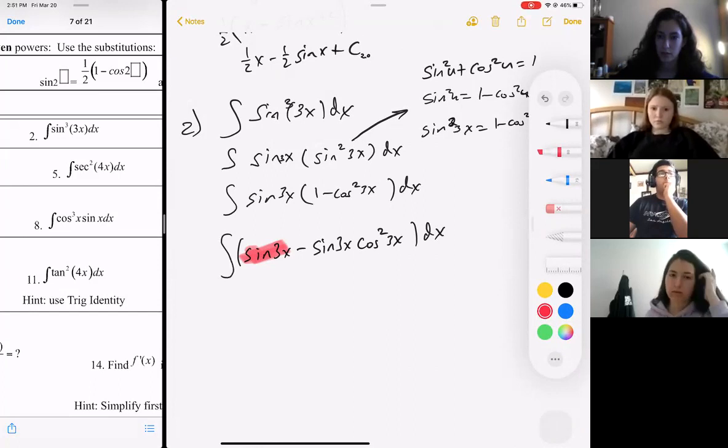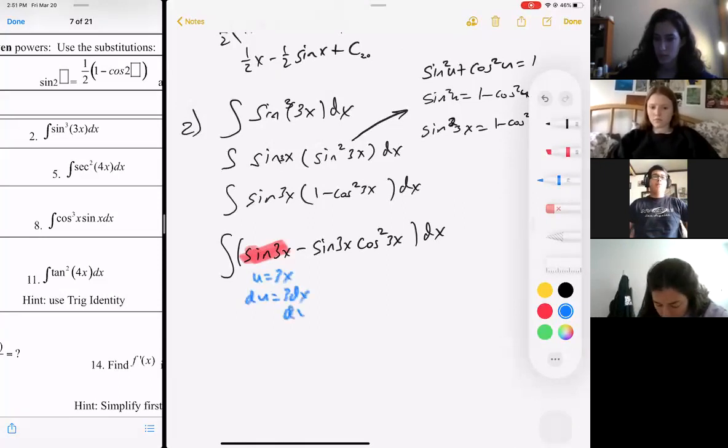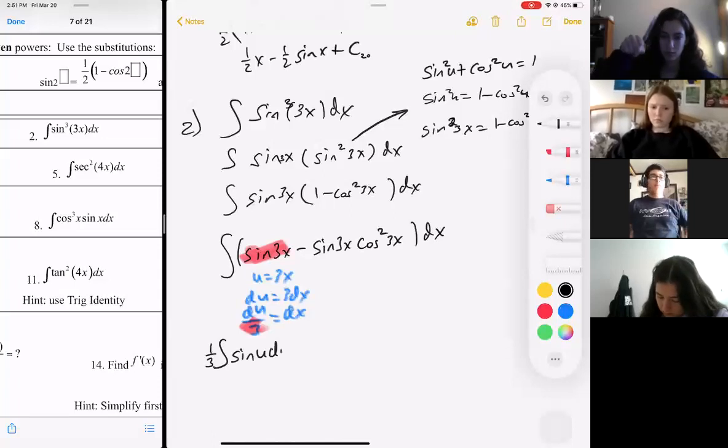We have to do some u sub, and hopefully some of you are starting to catch on how this u sub is going to work. u is equal to 3x, du is equal to 3 dx, dx is equal to du over 3. We got to bring back a 1/3. The integral of 1/3 sine of u du. I should write that out for you guys, right? Sorry about that.